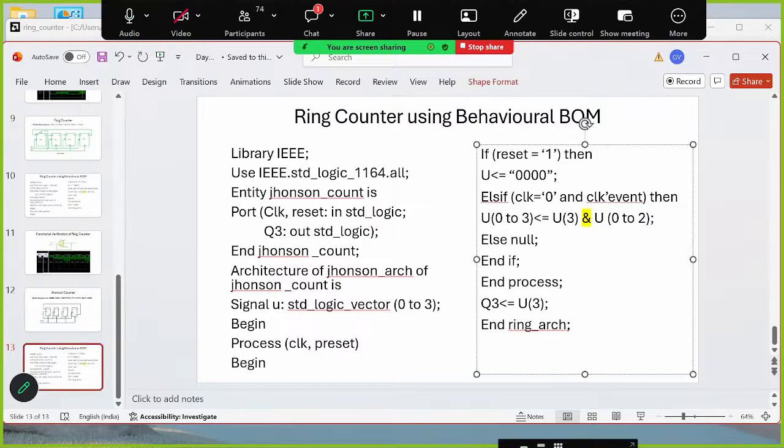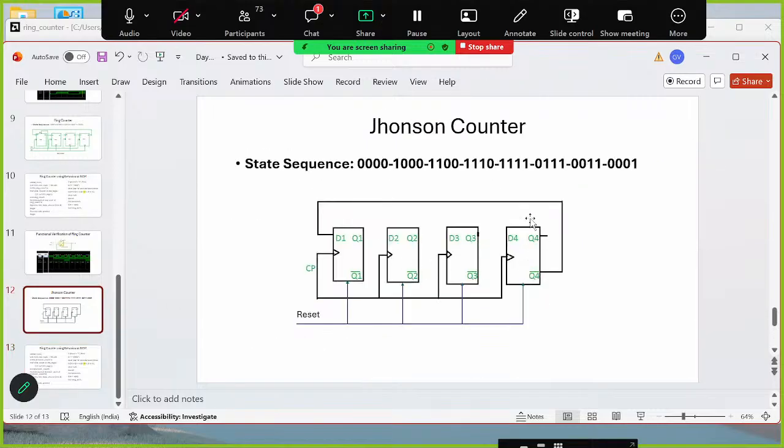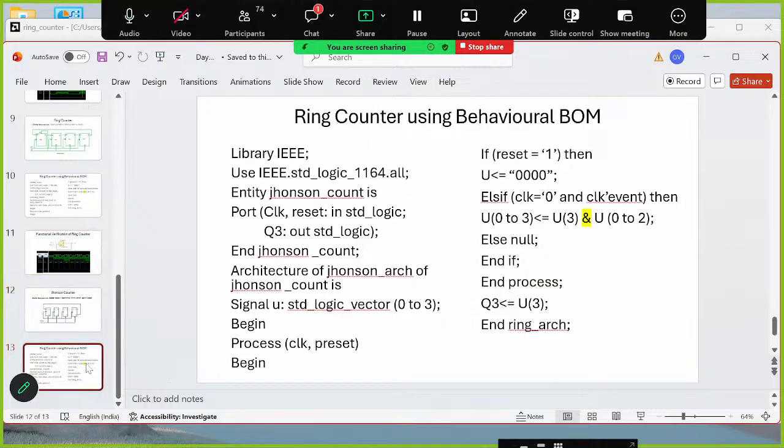U0 to U3. I want this to be shifted at the last flip flop output, as in the previous case. But I don't want this, I want this, which is the complement of this output. So what I would write, simply, is NOT of U3.